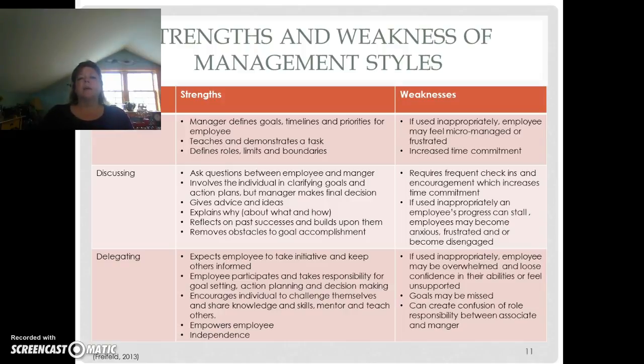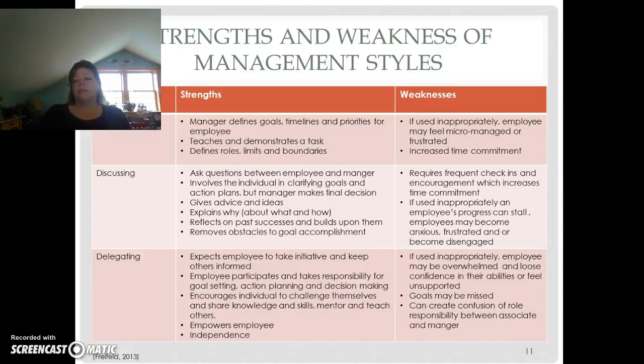Discussing style. So this is a style that allows the associate and manager or team to ask questions between each other to understand and clarify goals, and talk about the what and the how things are going to get done.